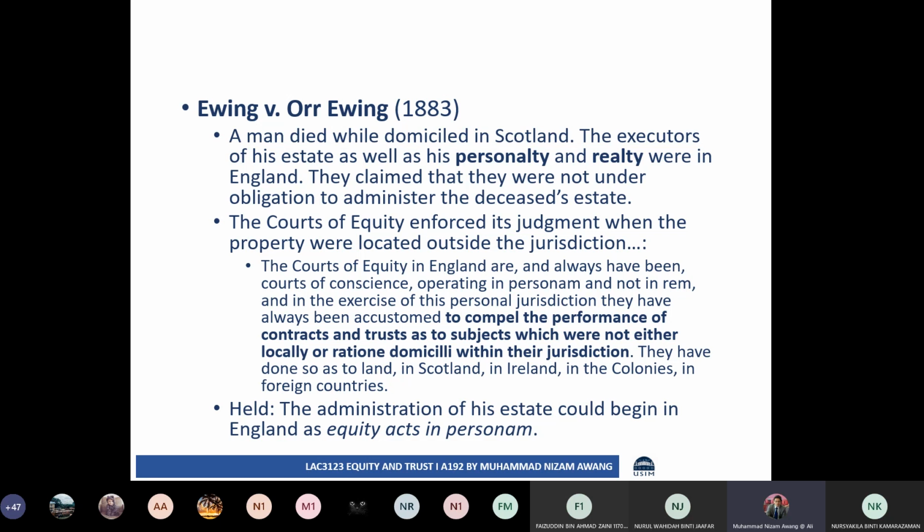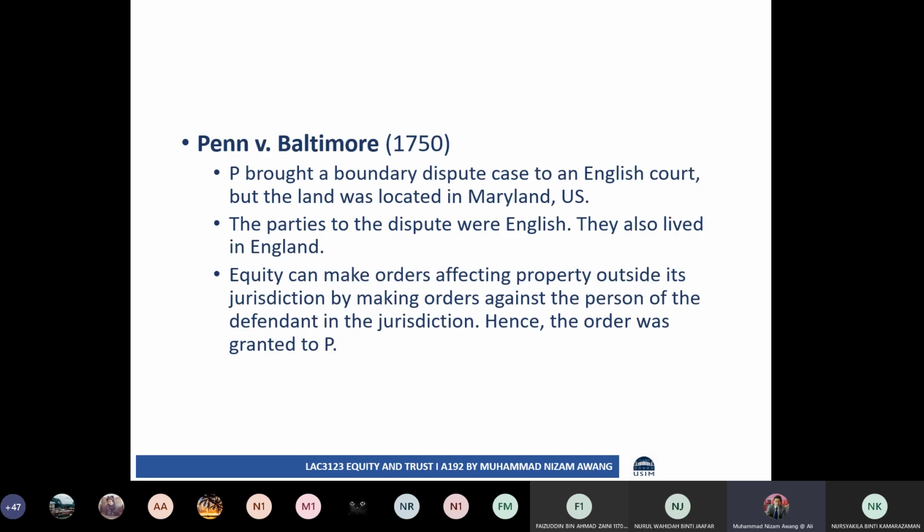If you understand correctly, under the maxim equity acts in personam, the court will enforce the action against the person rather than the property. Moreover, if you look at the facts, the properties were located in England, so the court in England can exercise jurisdiction over the matter.